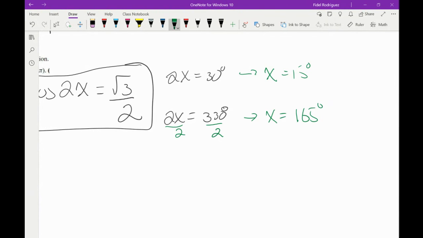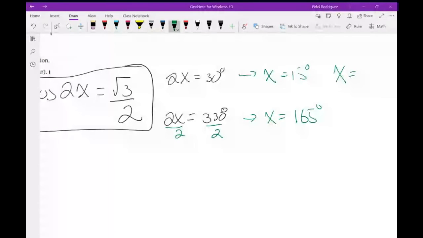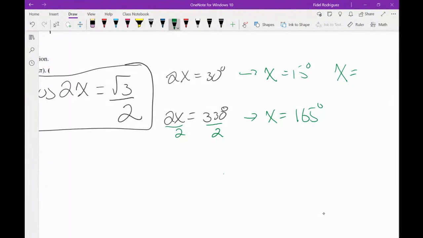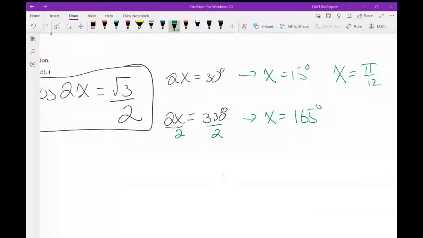Okay. What do we need to do now? We got to do the same thing. Let's convert these back to radians, okay? All right, so remember, the way I'm going to convert it to radians, I'm going to take 15 over 180. Okay, and let's make that into a fraction. Pi over 12. Do the same thing with the 165.